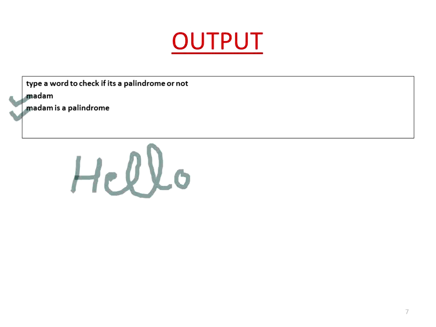The output will be hello is not a palindrome.